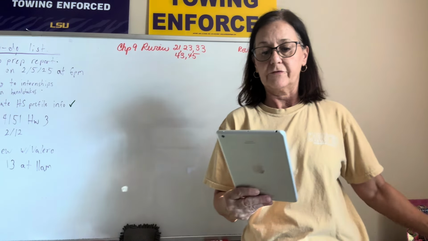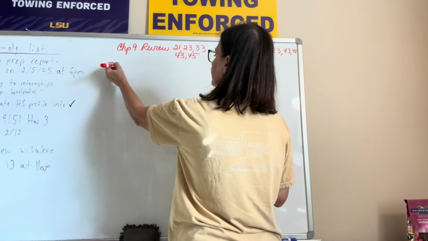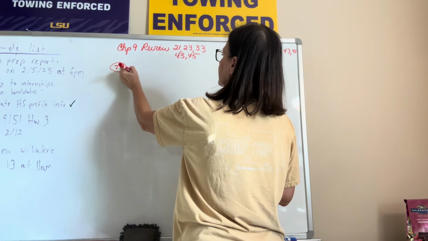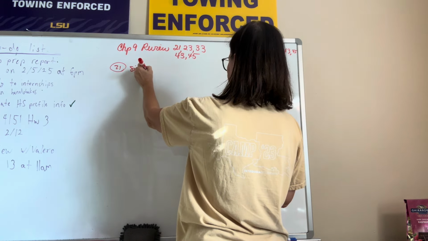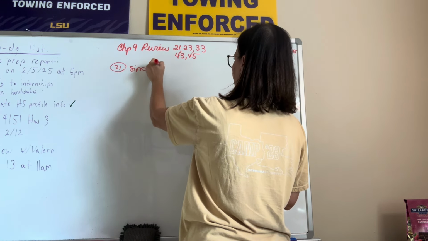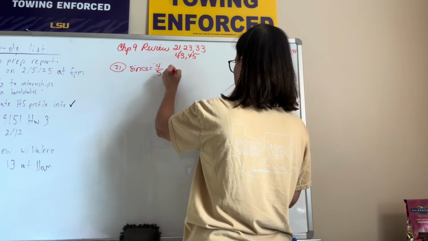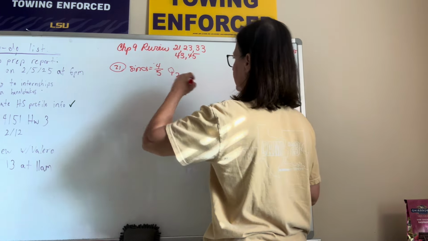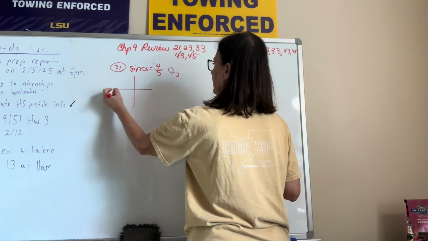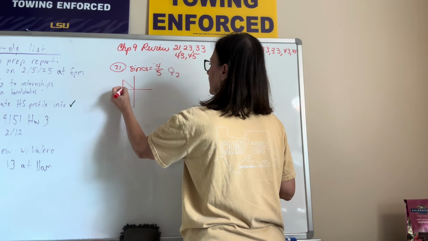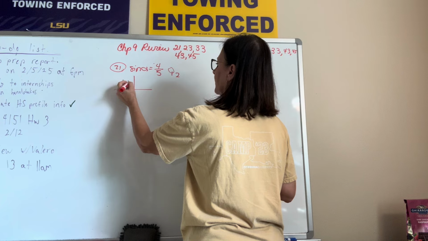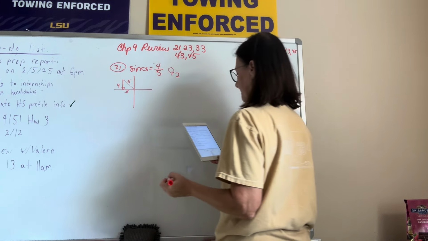All right, so starting at number 21, it says the sine of alpha is 4/5, and it tells me what quadrant it's in. It's in quadrant 2. So that's 4/5. That's a 3, 4, 5.